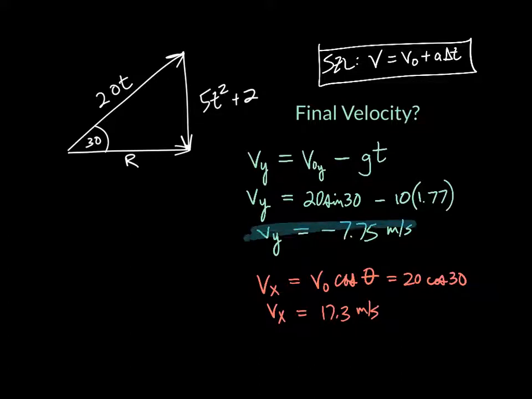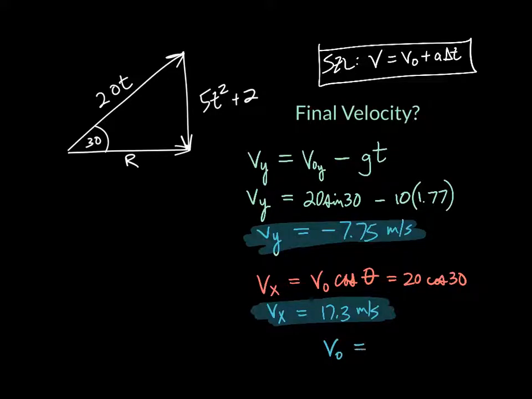So now I have the two components, the y component and the x component of speed, and one of the things we're going to start doing is writing vectors in a particular way. The initial speed vector could be written in rectangular form as 17.3 comma minus 7.75 meters per second.